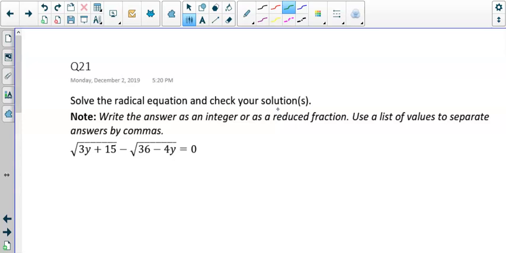So again, remember, you pick one. Let one of these become the original radical. Take the other guy, move it away. So usually I just let this guy, again, we're back to that y. I love y. I'm going to let this be my original radical. So how do I get rid of a minus square root of 36 minus 4y? Add it. We're just going to pick it up and move it to the other side.